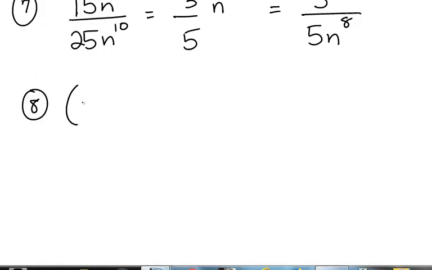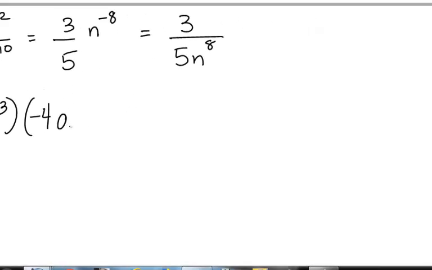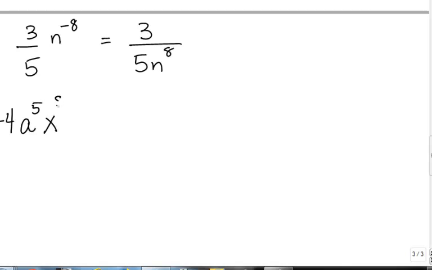Okay, 2 more. Quantity 7a to the negative 3 times the quantity negative 4a to the 5th x to the 8 times the quantity negative 2a to the negative 9 x to the 10. Anything on the outside? No. And really, those of you like me with visual problems, you got to really look for those exponents on the outside. Okay, there's nothing there. Multiply the numbers in front. 7 times the negative 4, negative 28 times the negative 2.